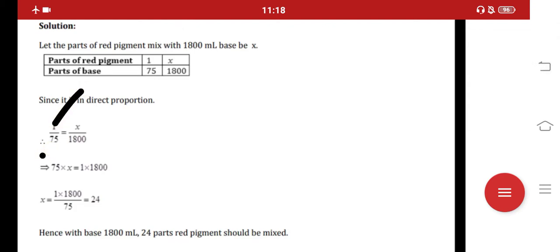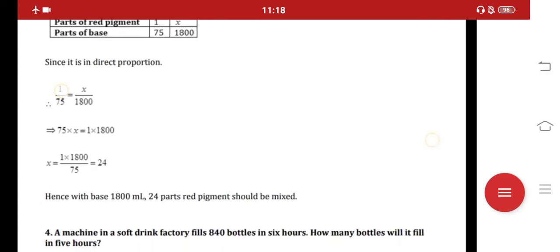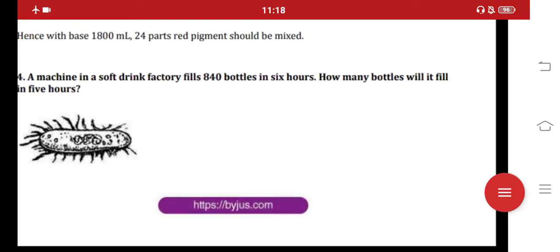And for x parts of red pigment, 1800 ml base is required. We don't know this, so we have taken it as x, or we can say x2. So x2 upon y2. Now when you cross multiply the terms, you will get 24. So one part of red pigment requires 75 ml base, and 24 parts of red pigment require 1800 ml base.